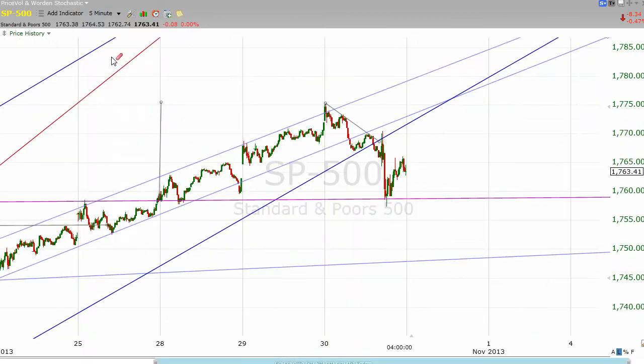And instead of getting a bounce on touching this line today, it broke. As a matter of fact, if you look at the way it broke, it did so in pretty much line-breaking fashion.